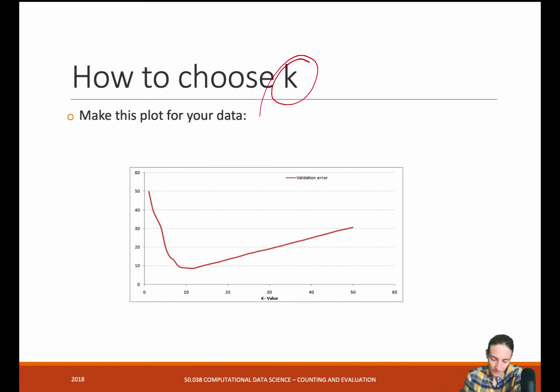Okay. Take the case of k-nearest neighbors. Here we are plotting different values for k on the x-axis together with their validation error. You see that in case we just arbitrarily decided k to be 2, we'd have a very high validation error.